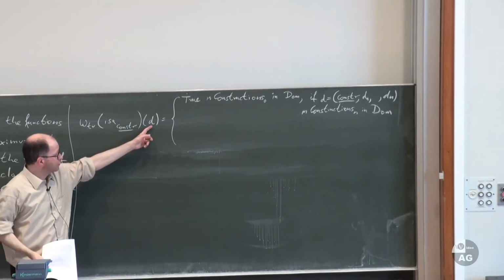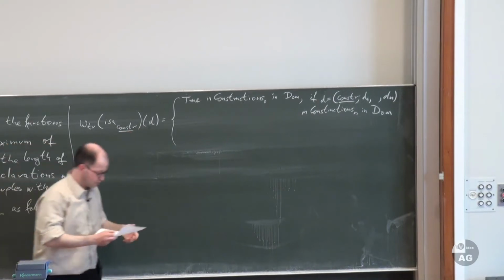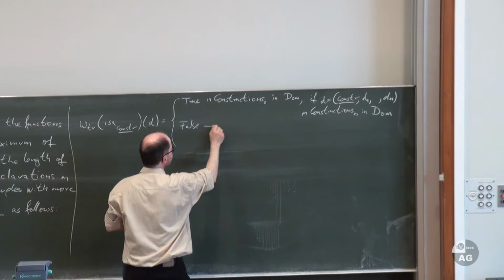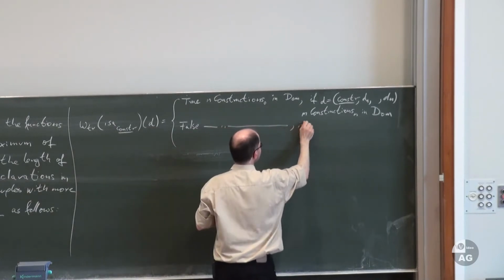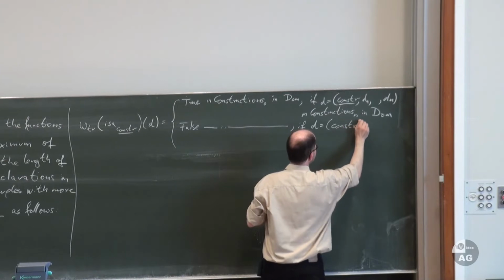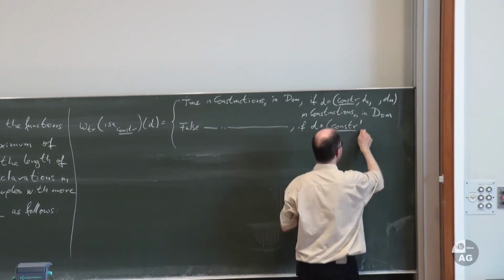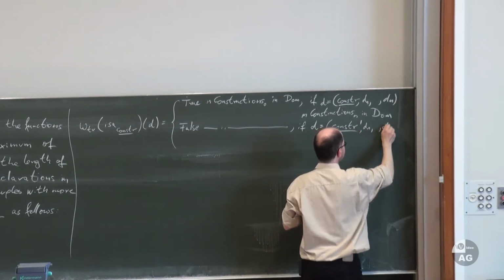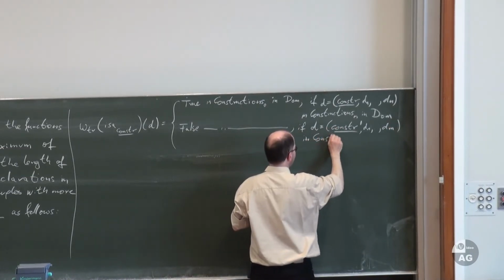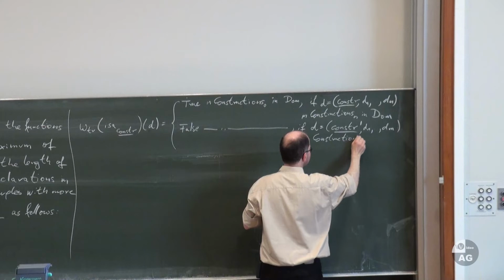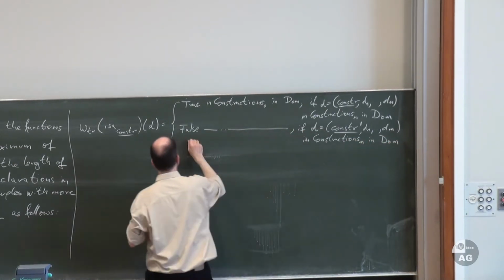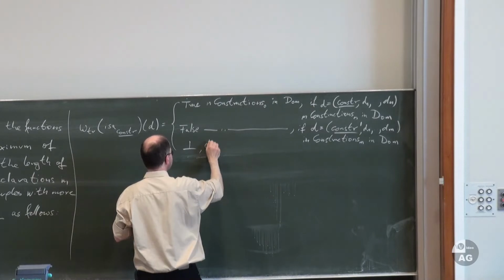And if this is built with a different constructor than this one, then it returns false. So it returns false in construction 0 in DOM if D starts with some other constructor, constr prime, D1 to Dm, in constructions M in DOM. And otherwise, the result is bottom.